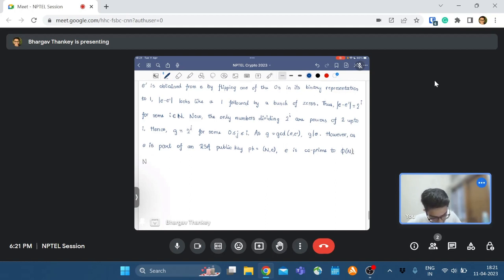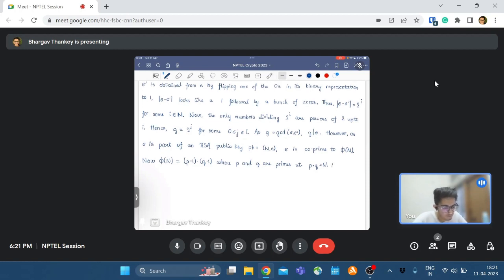Now, phi of n is going to be (p minus 1)(q minus 1), where p and q are primes. There is only one even prime, 2. So at least one of p and q has to be odd. So at least one of p minus 1 and q minus 1 has to be even, right?